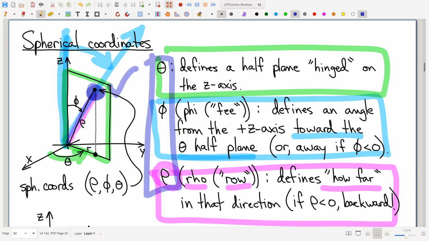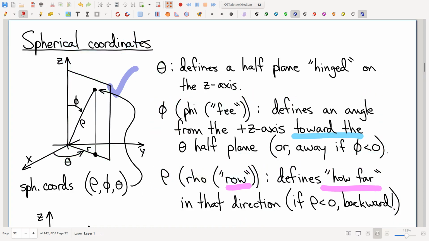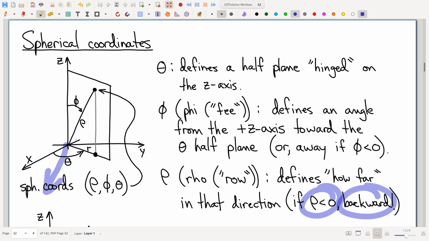Rho does not have to be positive. Distances have to be positive. If rho were negative, let me just clean up my mess here. If rho were negative, you just go backwards. You just go that way instead of that way. Reasonable? Okay. All right.